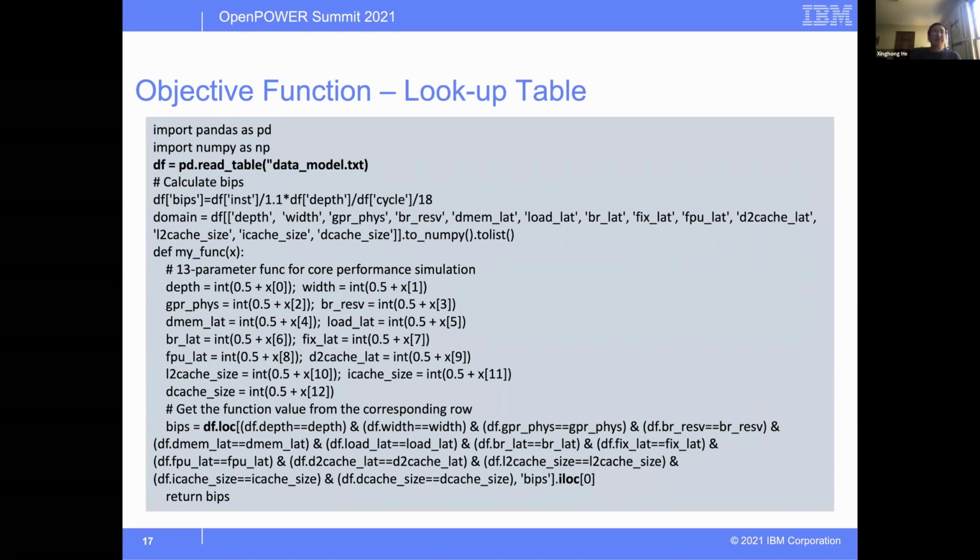So this is an example of how you can use a lookup table as your objective function. The advantage of using a lookup table is, if your table size is not huge, say 1,000 or even tens of thousands or millions, it's not that difficult to get the global maximum or minimum by just a grid search.